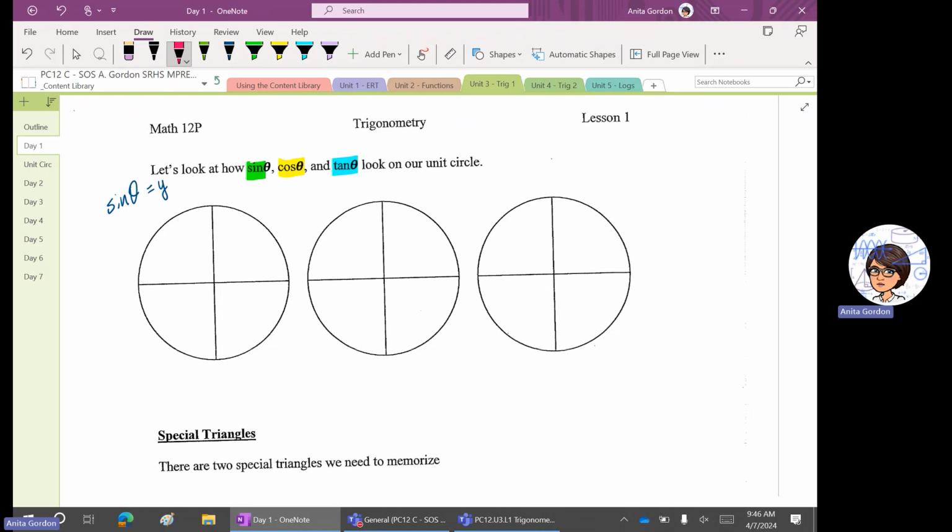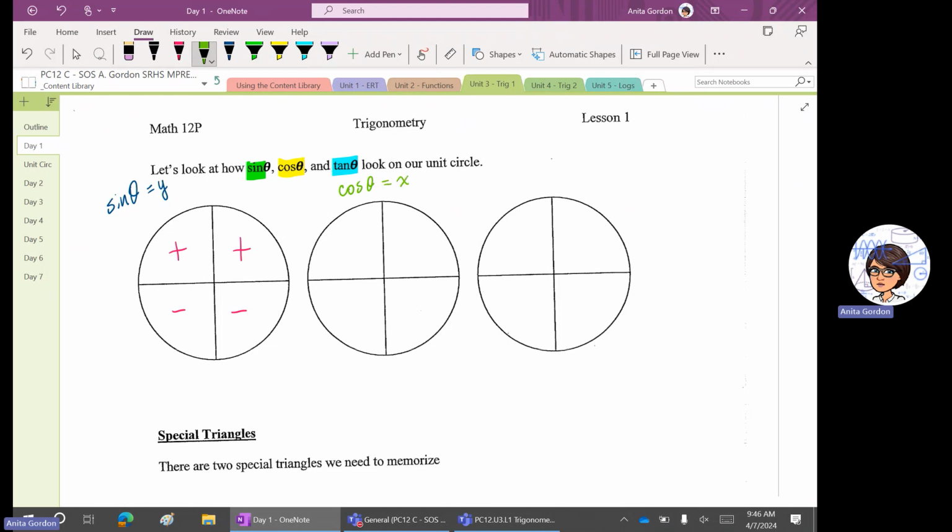Where is the height positive? Well, it's positive above the x-axis, and it is negative below the x-axis. So depending where we draw our point, the y value will be positive in the top half and negative in the bottom half.